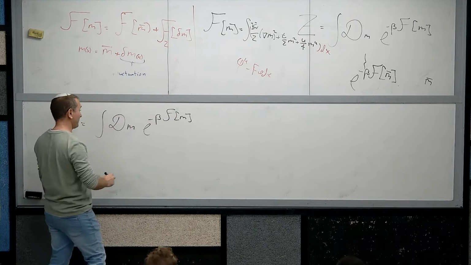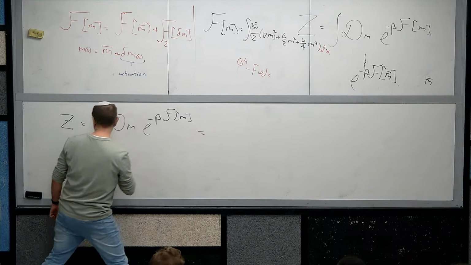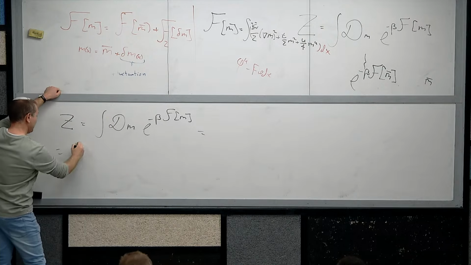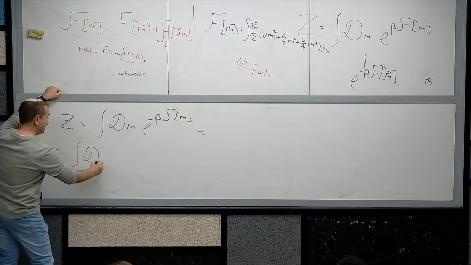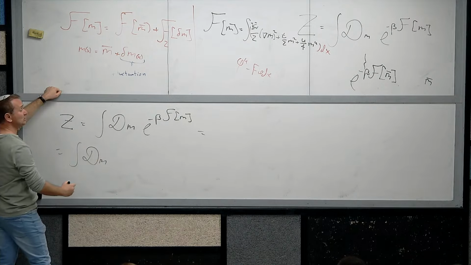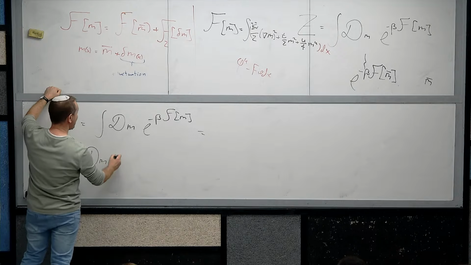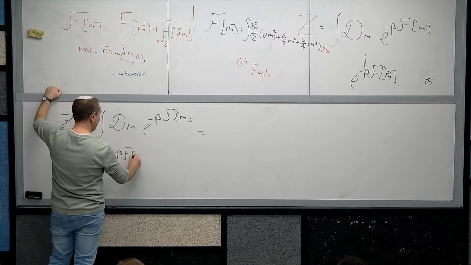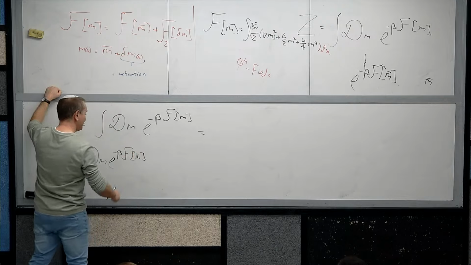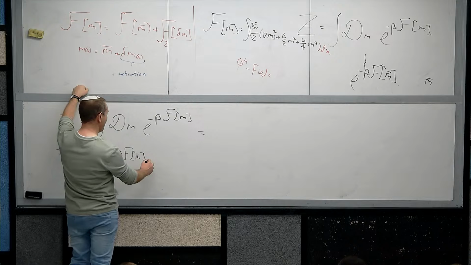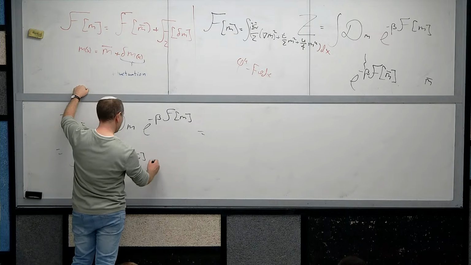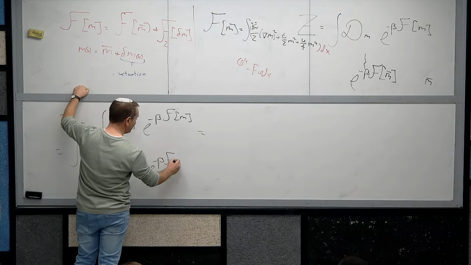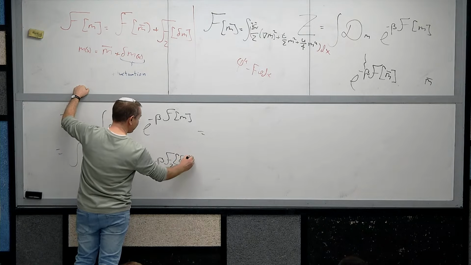Now, when you perform this separation, we still have this functional integral, Dm, e to the power minus beta f of m hat, and also e to the power minus beta f2 of delta m.